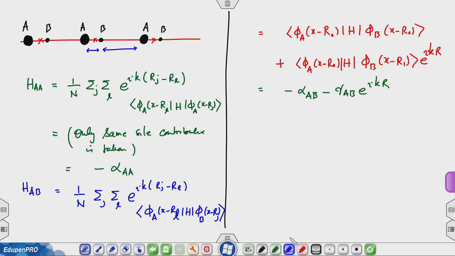Similarly, you are going to get H B A, which is nothing but H A B star, and you can also do an explicit calculation.